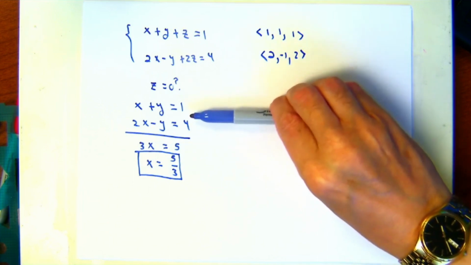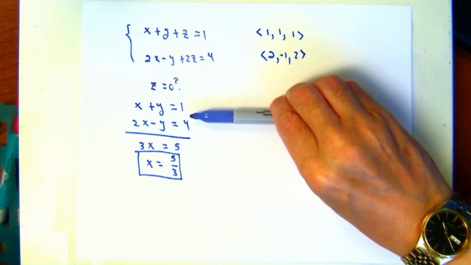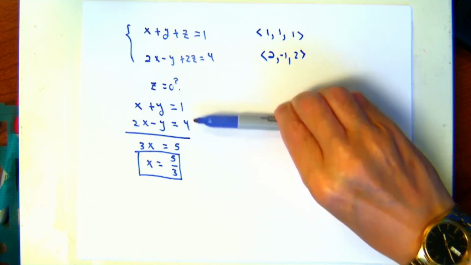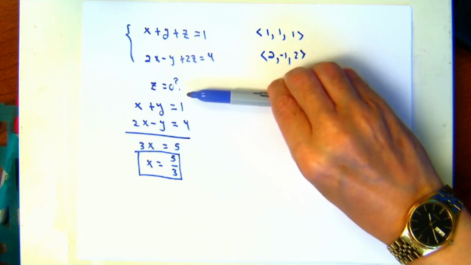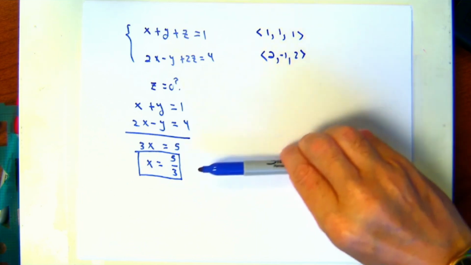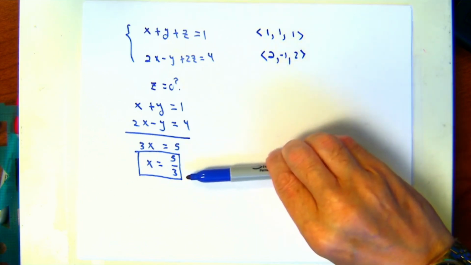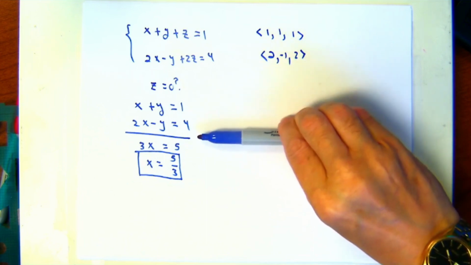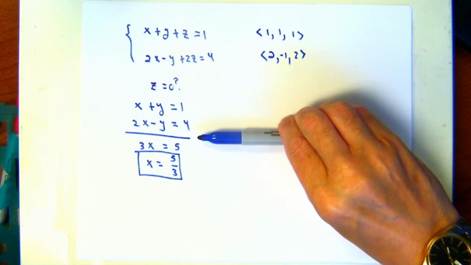If this said y has to take on a certain value, and this said y had to take on a different value, then my z equals 0 strategy will have let me down. So let's see what we can do. I'm going to see what it would mean when x is 5/3 for this equation to be true and for that one to be true. Yes or no, do I get the same y value?